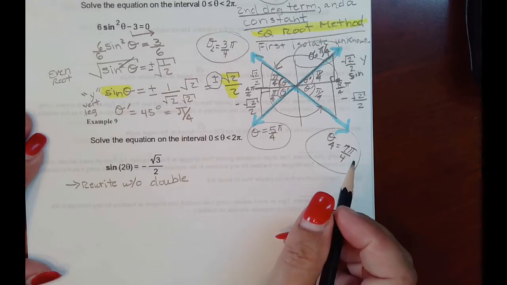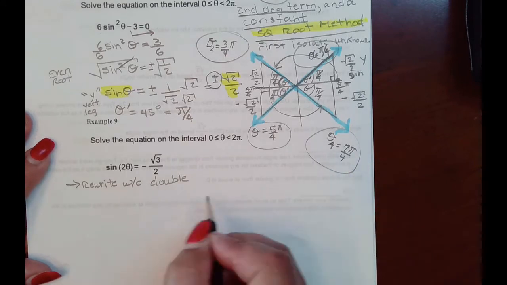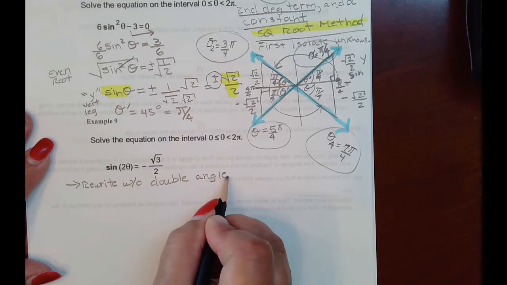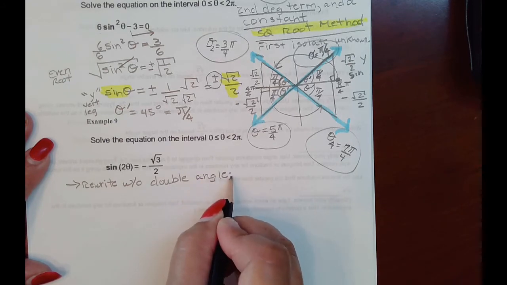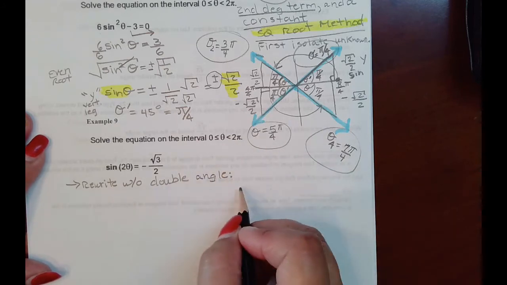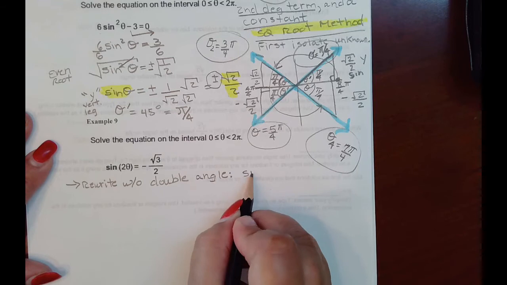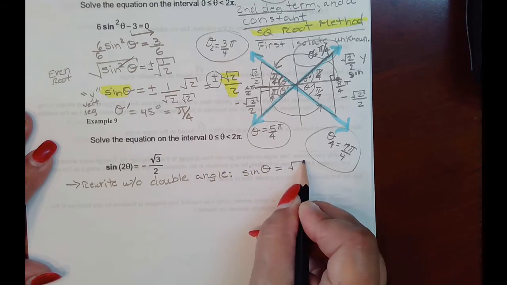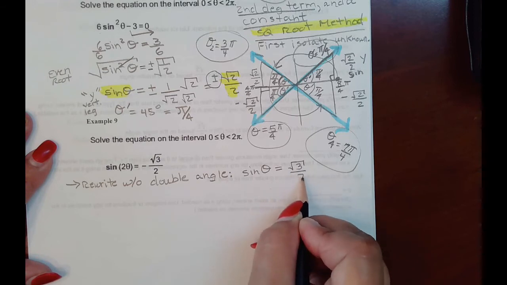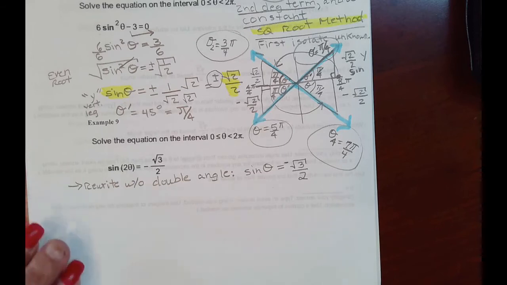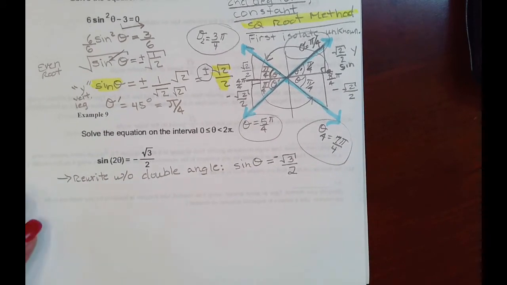Now this says, without the double, that you are to find the answers between 0 and 2 pi. So I'm going to show you something after I rewrite this. Solve it as though it's just sine of regular theta equal to square root of 3/2, which you've been working with already in all those linear examples that we had.